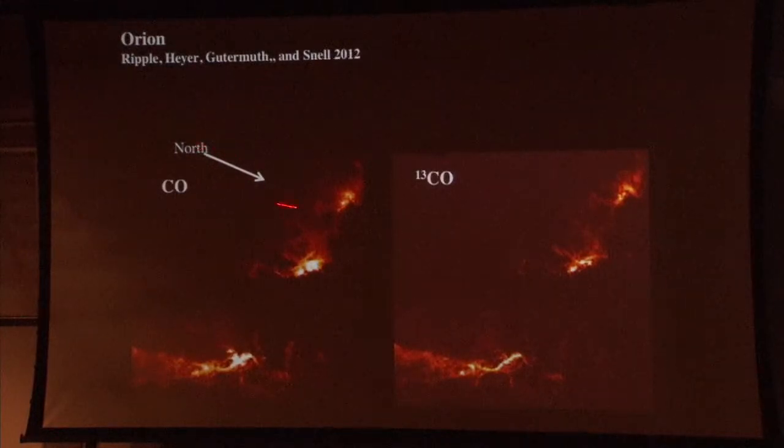Now everything's been tipped on its side. Here is the southern cloud and the northern cloud, I think. And then this is in 12CO and 13CO, a paper by Ripple et al. from 2012. I think it's based upon data from the UMass 14-meter telescope.